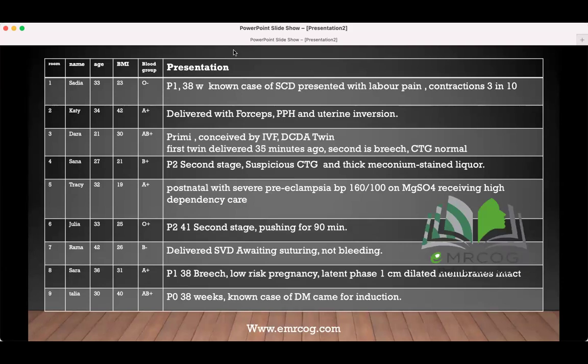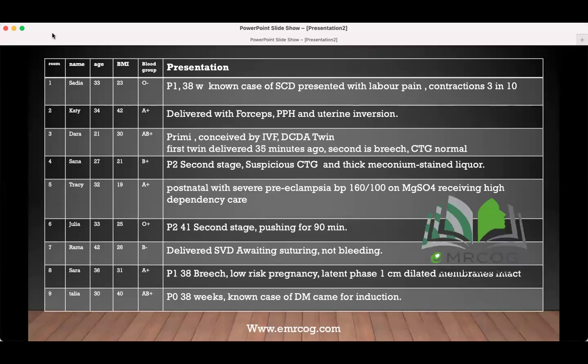I will try to attempt manual replacement. While doing the manual replacement, I will stop the oxytocin. If it fails, I may need to proceed with surgery. And then after taking the consent, we will need to prepare to send the patient. And then I will debrief and document the event and also do an incident reporting and cover the patient with antibiotic.